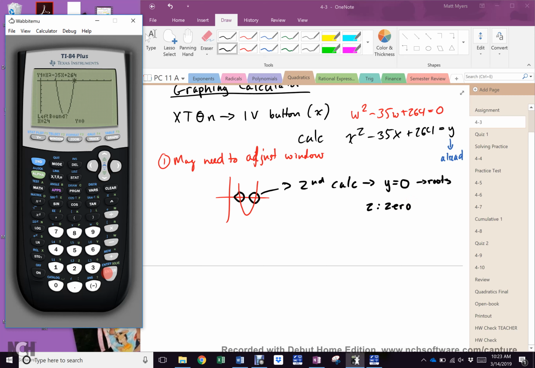Everybody good? Now, you can see that I have a 0 here and a 0 here, correct? And the calculator is asking me for the left boundary. Which direction is left? That way, right? So I'm going to take, see my flashing little cursor there?